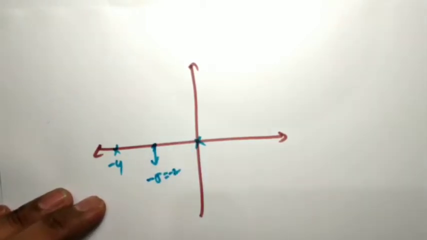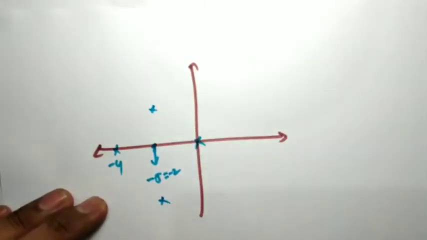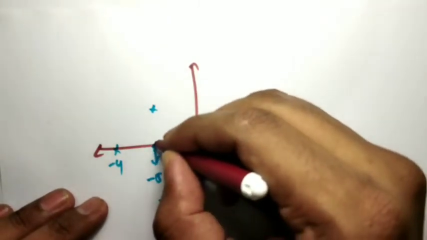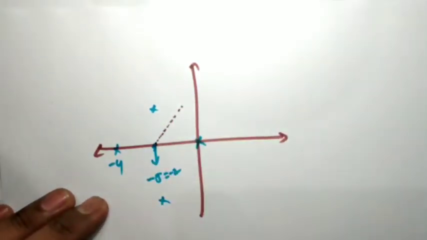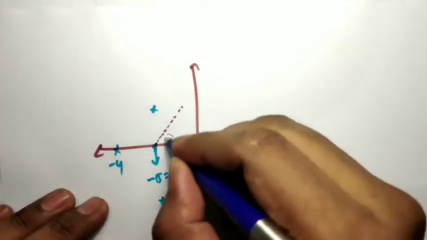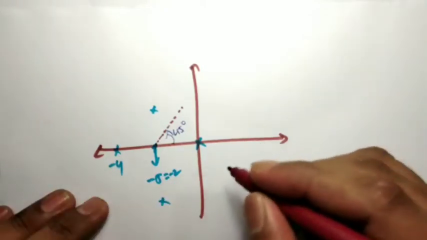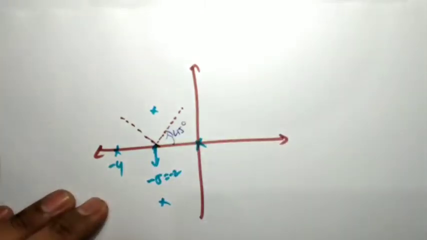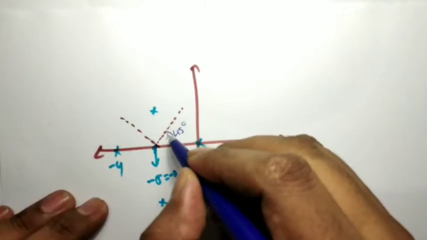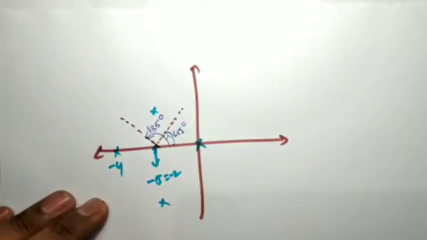And there are two complex poles, here is one pole and here is one pole. After finding the centroid, one angle is 45 degrees, and another one is 135 degrees.